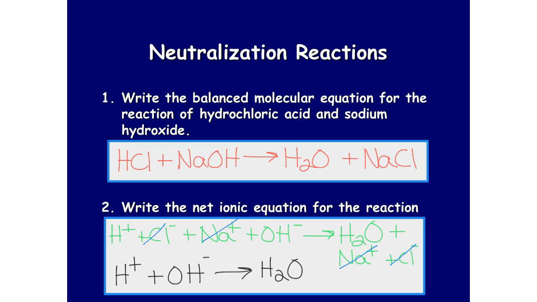That would be the net ionic reaction for the neutralization, and this would actually be the net ionic reaction for the neutralization of any strong acid and strong base. Weak acids and bases would look different, but for a strong acid and strong base, this is what we would end up with.